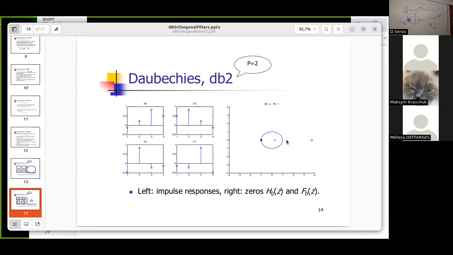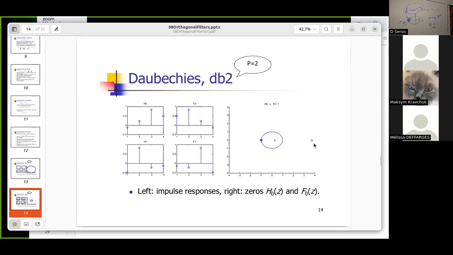If you still remember, there were some numbers like square root of something, but one root was here and one root was here. They were on reciprocal positions according to the unit circle. So the binomial part is clear: 2 must go left, 2 must go right. What happens with the Q part? One zero must go on one side, the other zero must go on the other side.